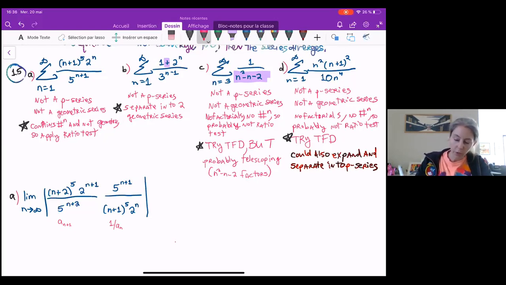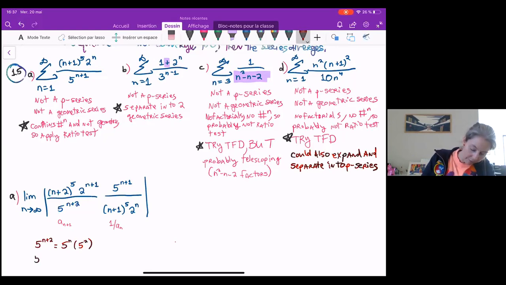So then we use our exponent rules. 5 to the n plus 2 is equal to 5 to the n times 5 squared. 5 to the n plus 1 is equal to 5 to the n times 5. And 2 to the n plus 1 is equal to 2 to the n times 2.